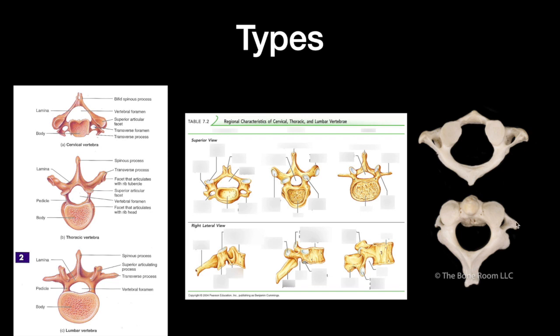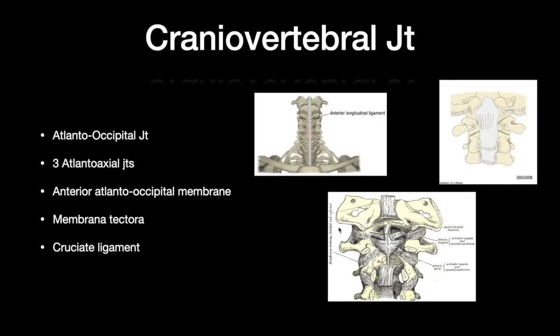Here are the special vertebra. This is C1, this is the atlas, and it articulates with the skull, and this is C2, and it inserts into C1. This is the axis, right? Let's go through it.